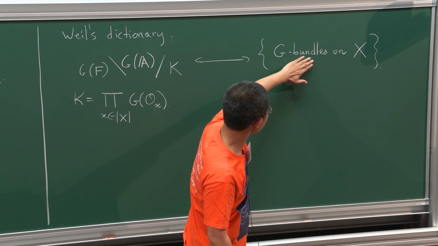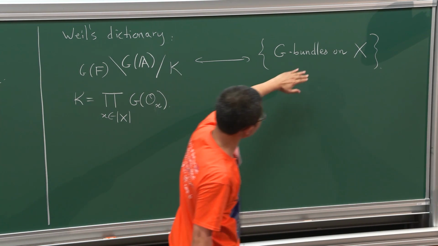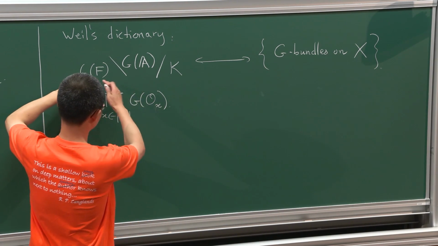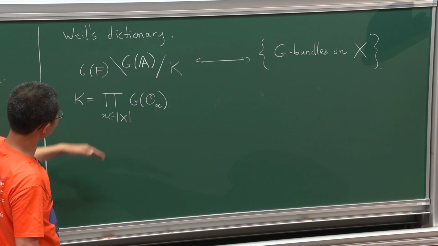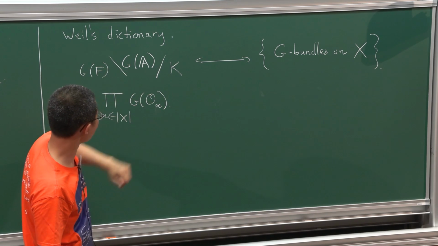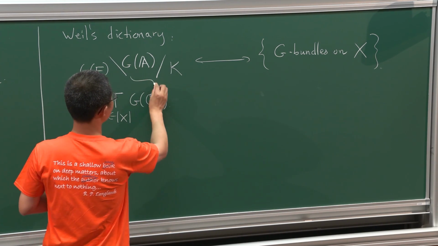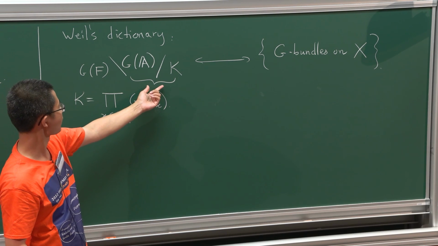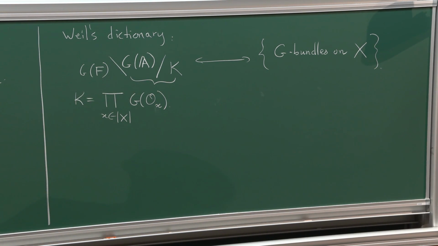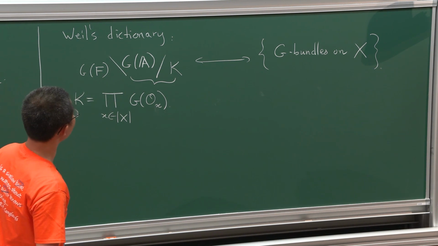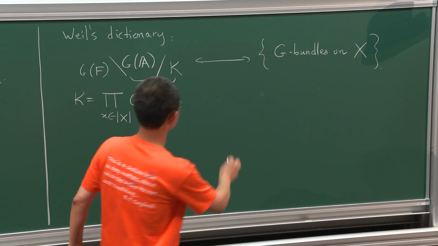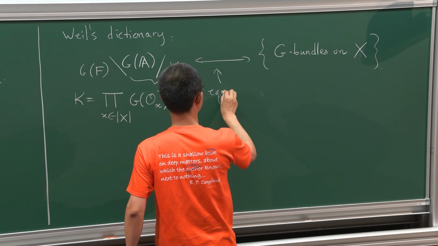Here it has objects, G-bundles, and then isomorphisms as morphisms. Here it's a groupoid made by quotienting a set by a group action. If I think of this as the set I'm quotienting by, so G of F acts on it with stabilizers, and those stabilizers are the automorphism groups in this groupoid. So this is an equivalence of groupoids.